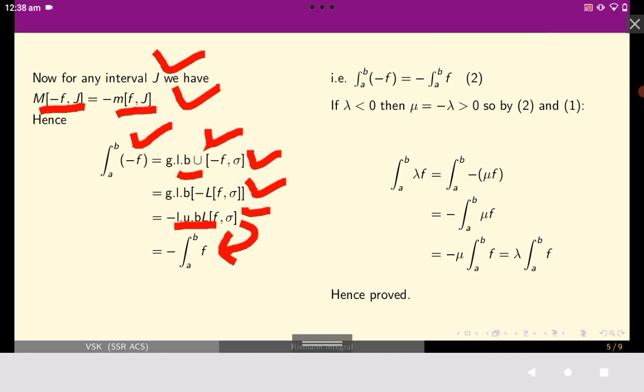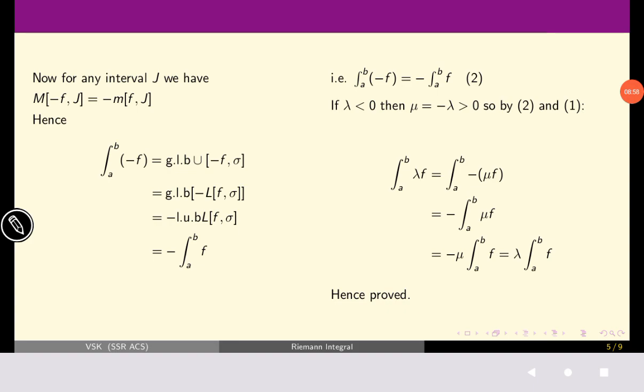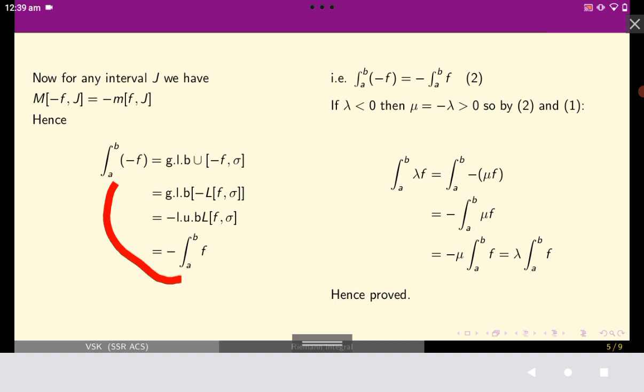So in this case we have just proved that these two are equal. So we have written over here that the integral from a to b of minus f is minus the integral from a to b of f.